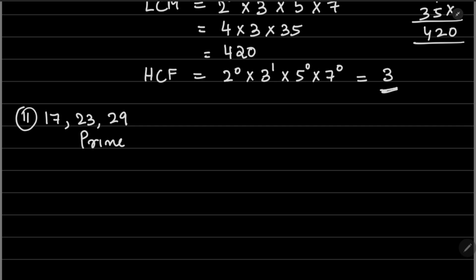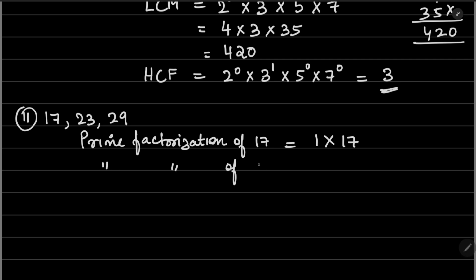Prime factorization of 17: it is a prime number, so you will write 1 into 17. Prime factorization of 23 is also a prime number, so 1 into 23. Prime factorization of 29 is also 1 into 29.